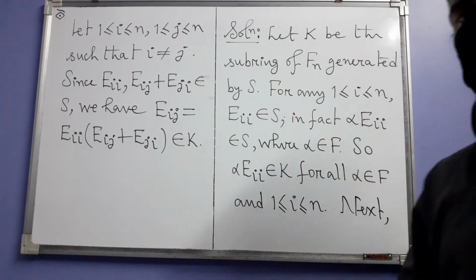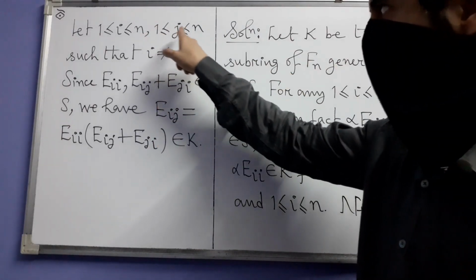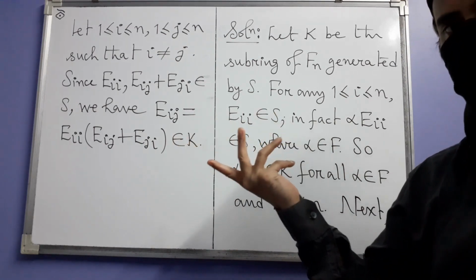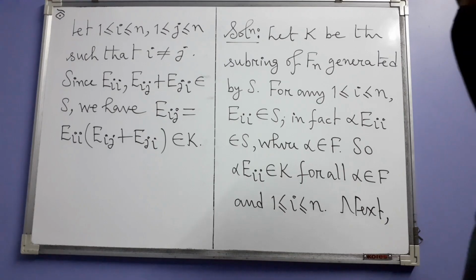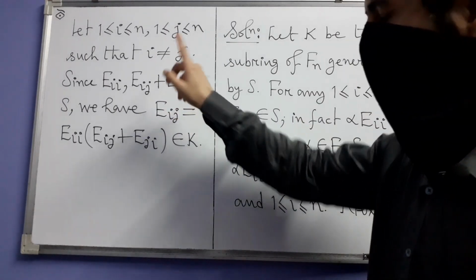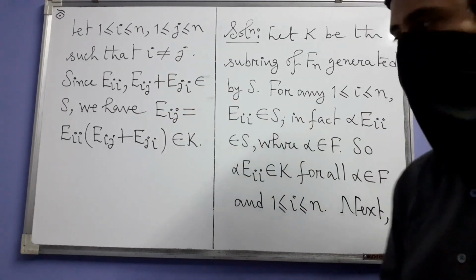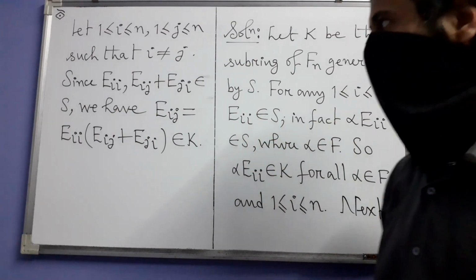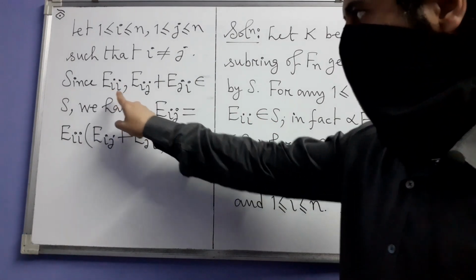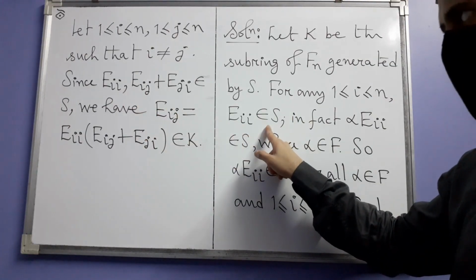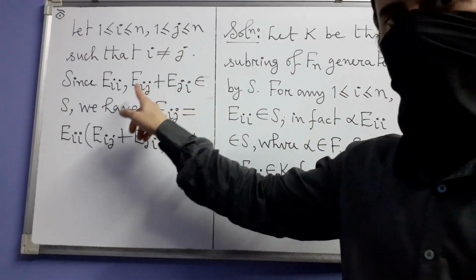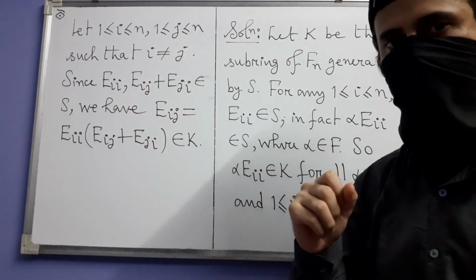we do this. We take two indices I and j, again between 1 and n, there can be 1, they can be n, all possibilities are there, but this time I and j are different indices, unlike this one where both of them were the same index. Now we already know that EII belongs to S, but what about this second matrix, which is the sum of EIJ and EJI?